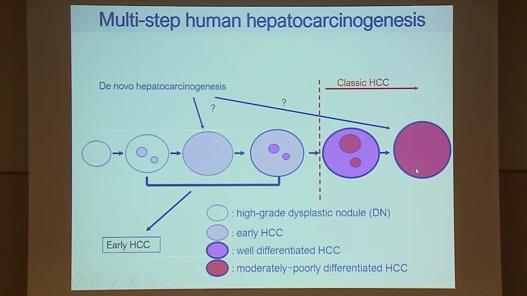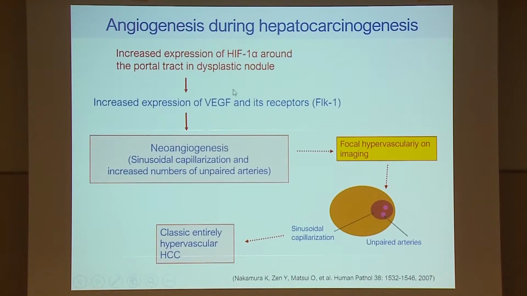Our immunohistochemical analysis reveals that in dysplastic nodules, first, hypoxia-inducible factor 1 alpha is expressed around the portal tract, and then this induces increased expression of VEGF and its receptors, and sinusoidal capillarization and an increased number of unpaired arteries occur in this periportal area first.